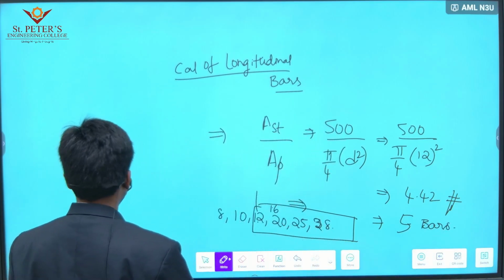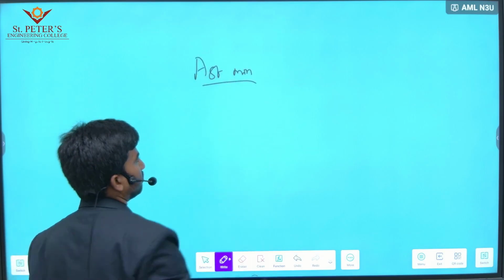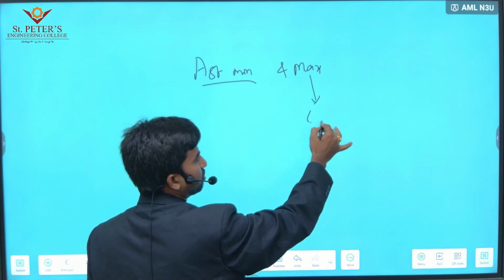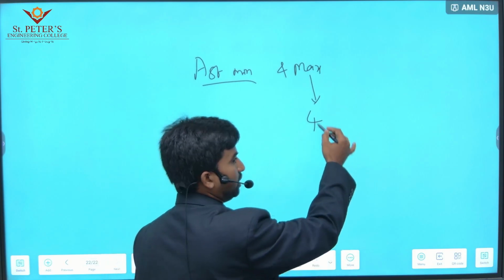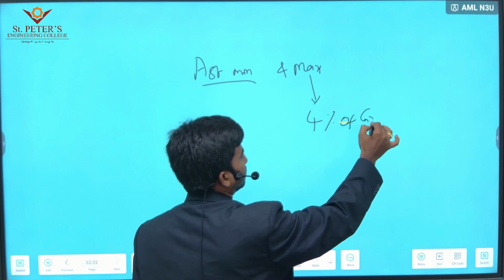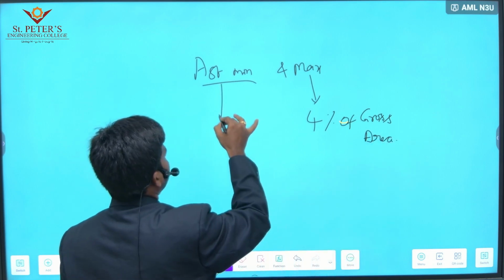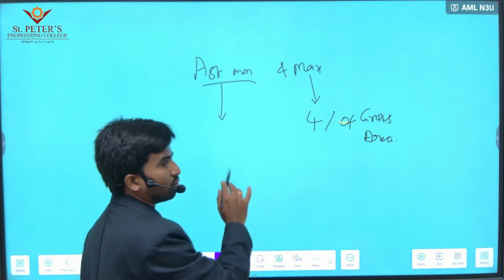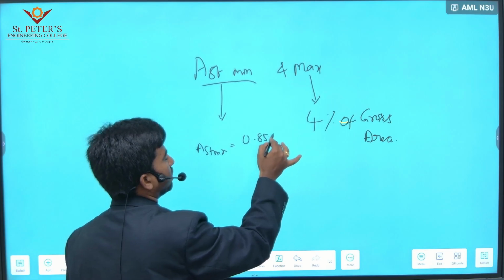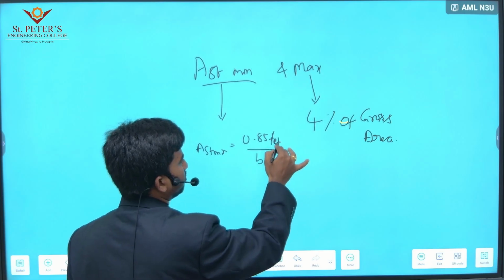And the next step is area of steel minimum. For every area of steel there is a minimum and maximum. For maximum area of steel in a beam we provide 4% of gross area. Here for the minimum steel based on the IS code book, AST minimum is 0.85 BD.